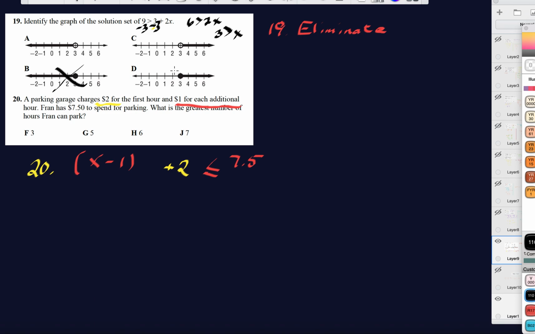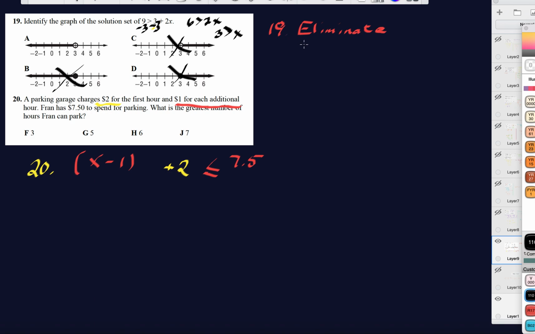That's garbage. This does not have an equal sign underneath it, so these two are garbage. Throw out B and D. Now we have x is less than 3. They put the x on this side just to trick you. Don't fall into that trap. If you read it backward, x is less than 3, you're good to go.